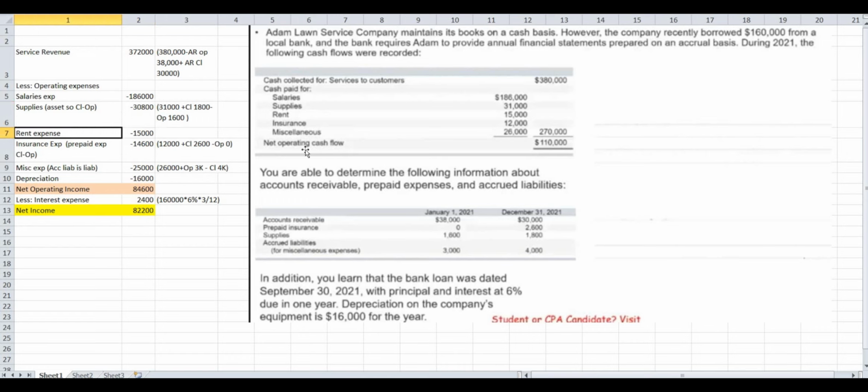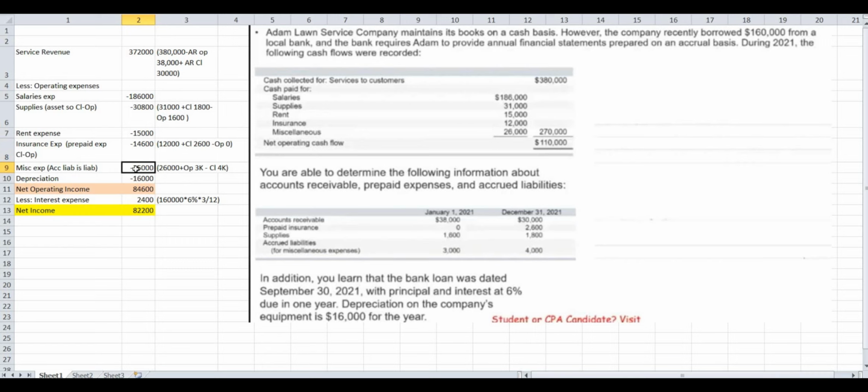Rent expense 15,000, we will get it from the question. Insurance, we have an adjustment to insurance. Prepaid insurance is an asset, so we need to add the closing and deduct the opening. So insurance is 12,000, we add the closing 2,600 and we deduct 0, which comes to 14,600.